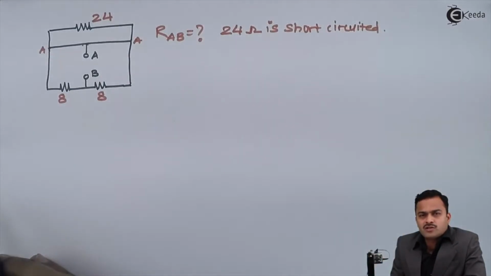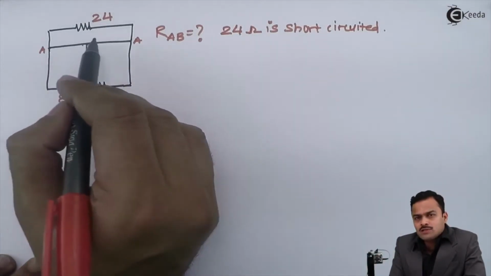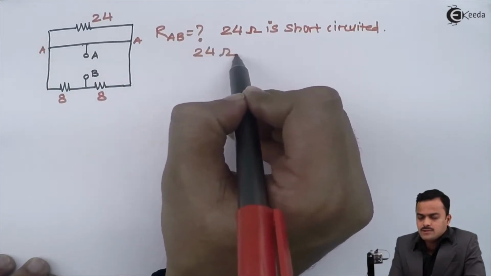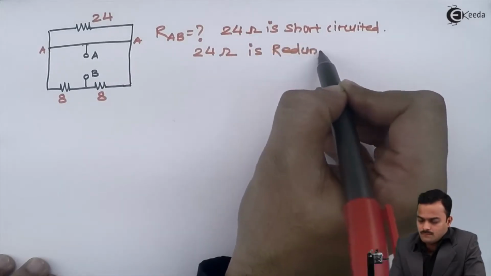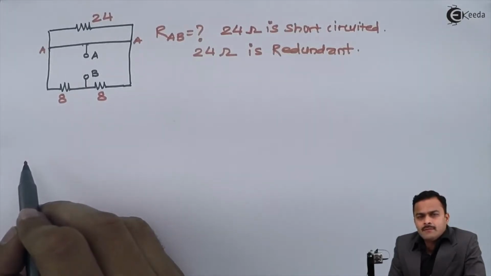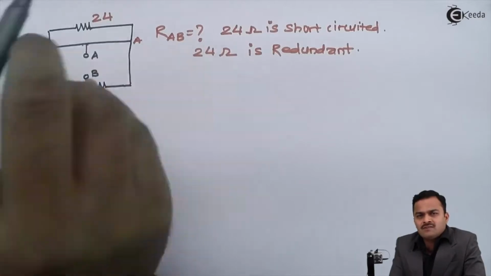What is the meaning of short circuited? Because of the wire connected across the 24 ohm resistance, this 24 ohm is redundant. Redundant means what? As if this 24 ohm is not playing any role in the circuit.